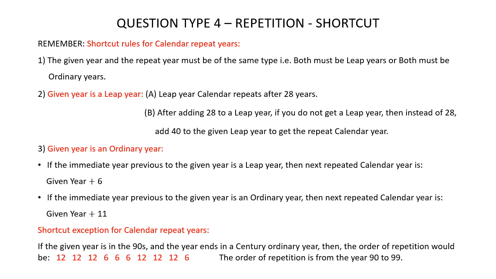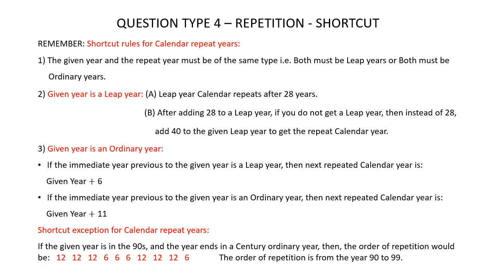Let's now look at the shortcut exception for calendar repeat years. If the given year is in the 90s and the year ends in a century ordinary year, then the order of repetition would be 12 12 12 6 6 6 12 12 12 6.